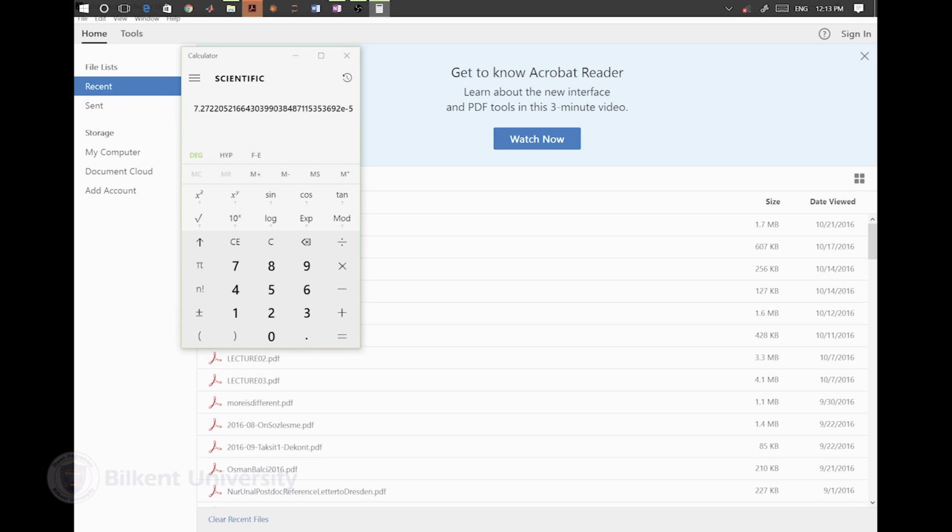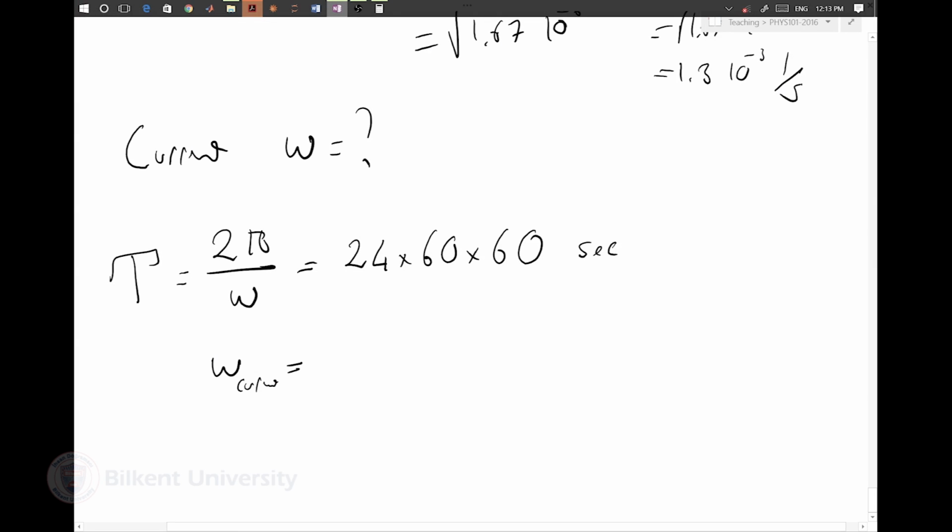So 7.27 times 10 to the minus 5. So if I compare these two things, if the Earth was rotating, I would say 15 times faster, then things at the equator would actually be flinging outward. They would feel weightless. You may think it's really not that fast. At least I was surprised.